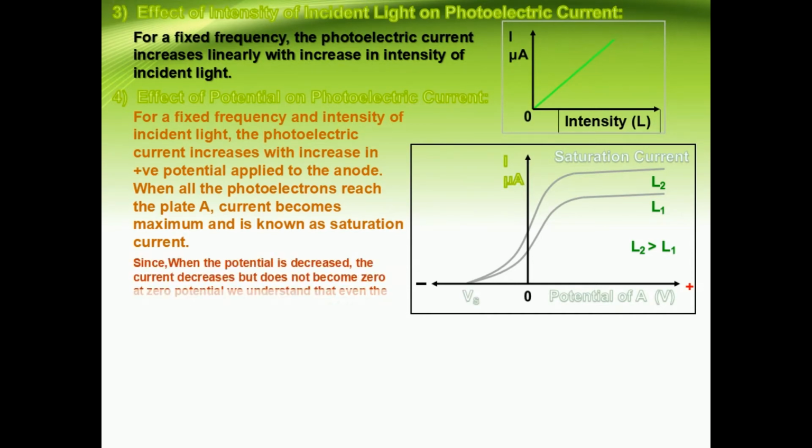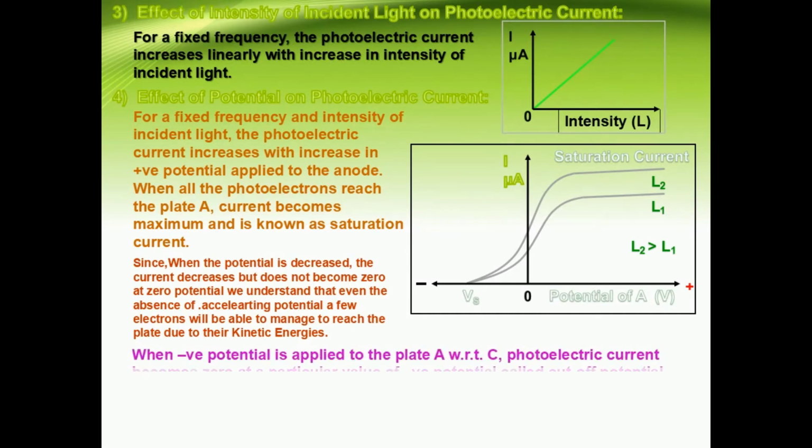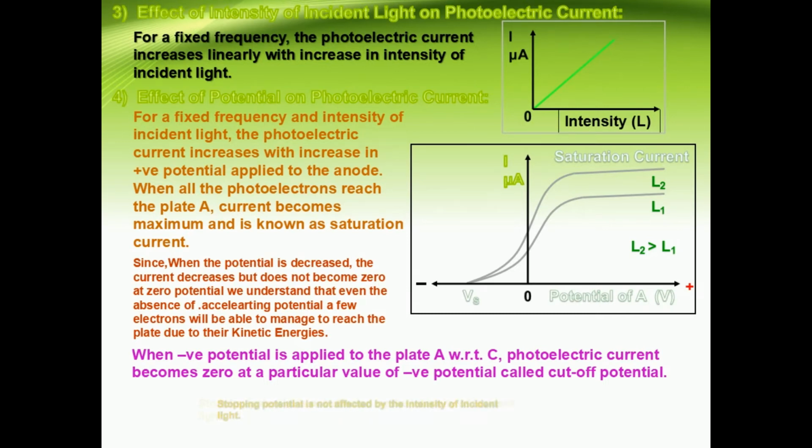When negative potential is applied to the plate A with respect to C, we see that photoelectric current becomes zero at a particular value of negative potential. This potential is called cutoff potential or stopping potential. Threshold frequency: the graph between the stopping potential and frequency does not pass through the origin.